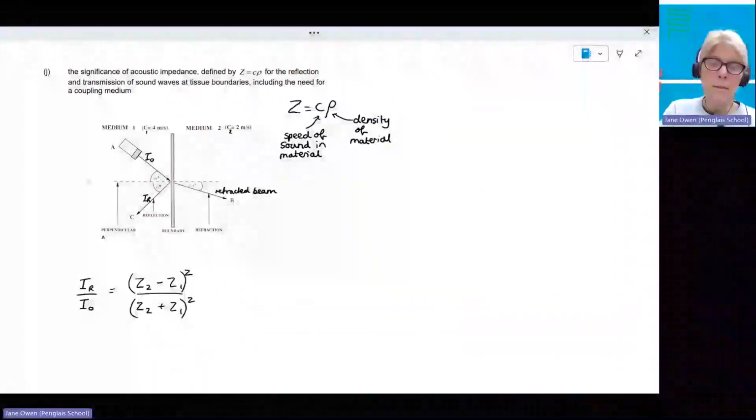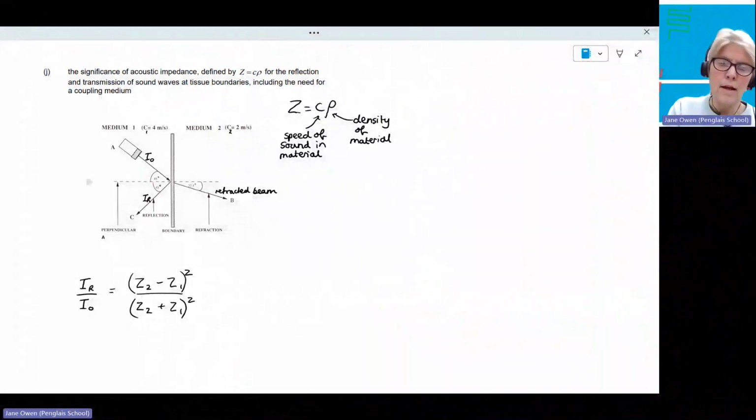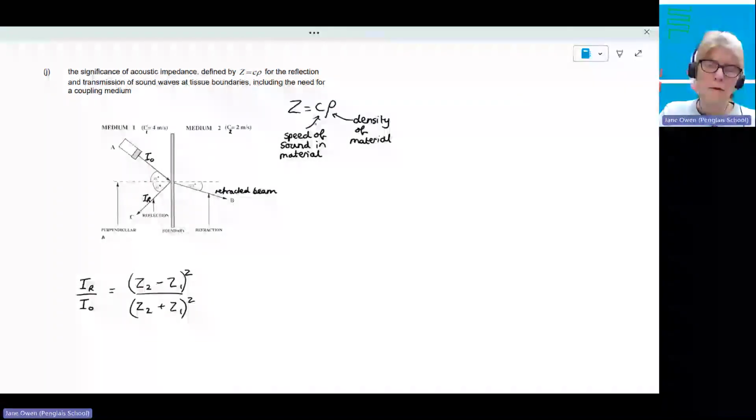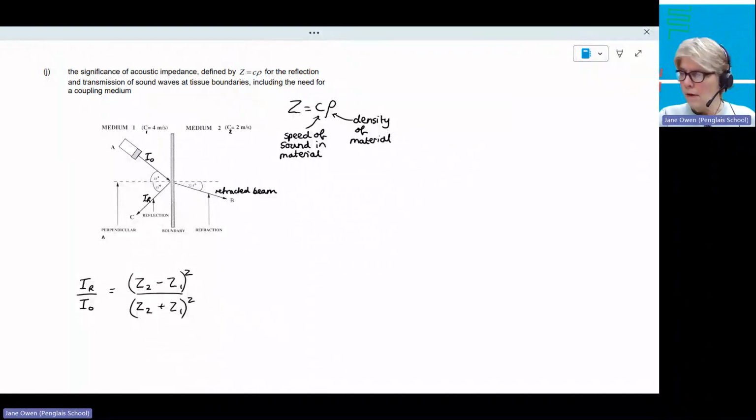And that's dependent on acoustic impedance, which is dependent on the speed of the sound and the density of the material. So the denser the material, the higher the impedance, the absorption of the ultrasound, and the higher the speed of sound, the higher the acoustic impedance.